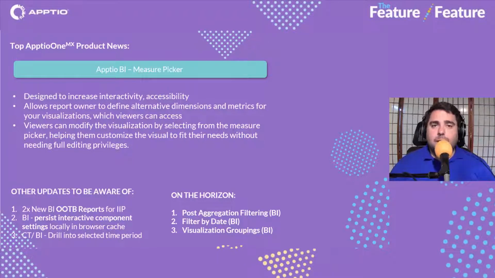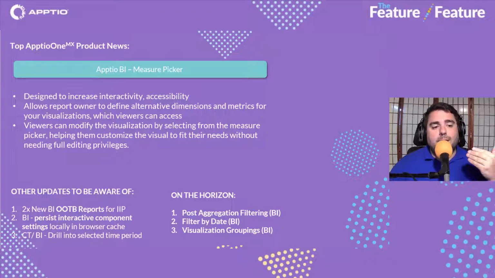And this adds a great deal of flexibility to the dashboards that you can surface in Apptio BI, and also provides a better way for people to get insights and understand the things they need out of the solution, which is great. Other updates to be aware of, a few new out-of-the-box reports coming to Apptio BI, and a few other reports basically enhancing that interactive component, as well as in CT and BI.